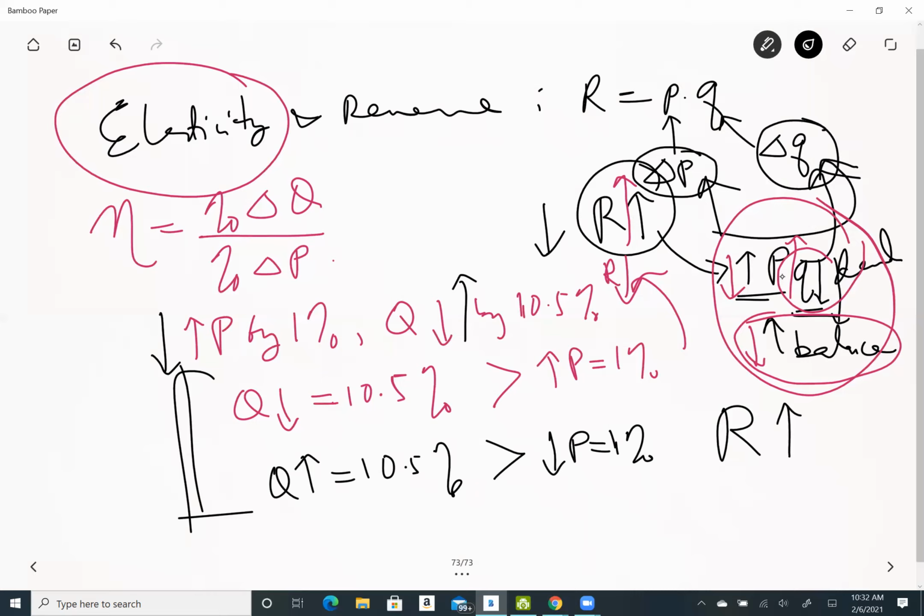Because revenue does not depend only on the price change, it will also depend on the quantity change. So that is the effect of elasticity on revenue.